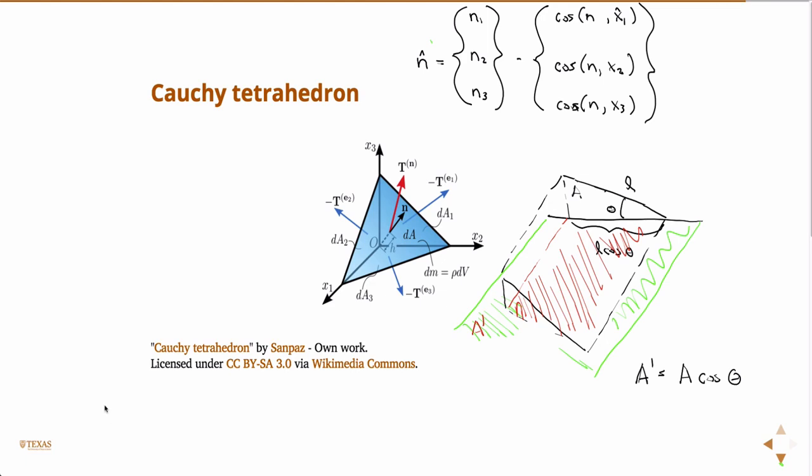So I'm just going to write F equals ma. I have Tn times dA. So that's this vector times this area.